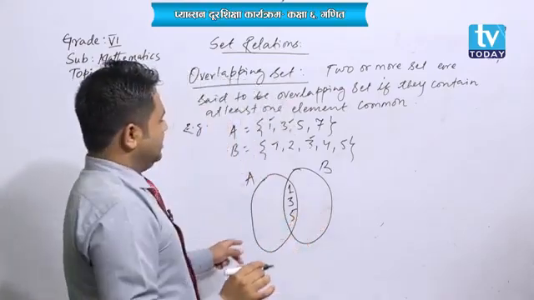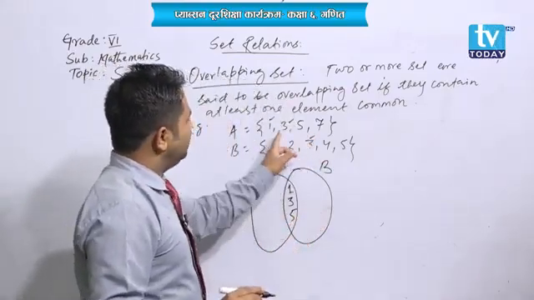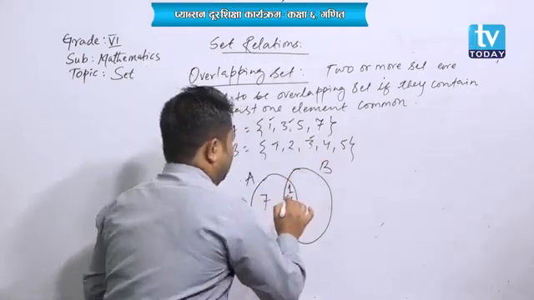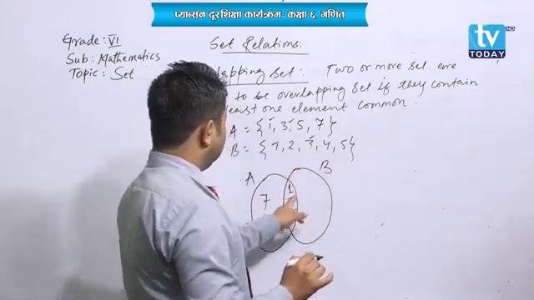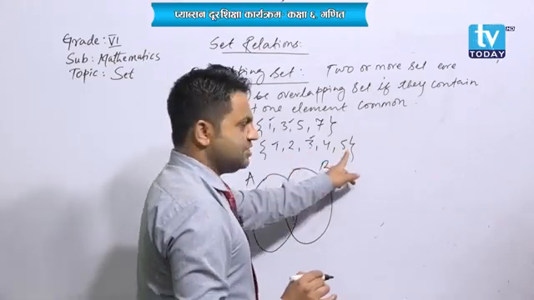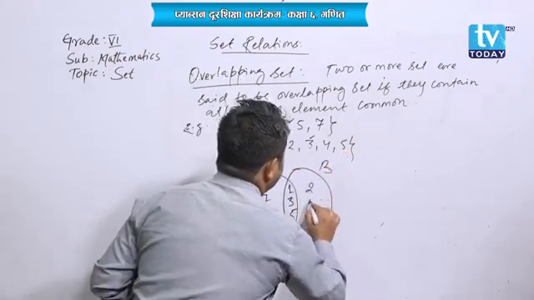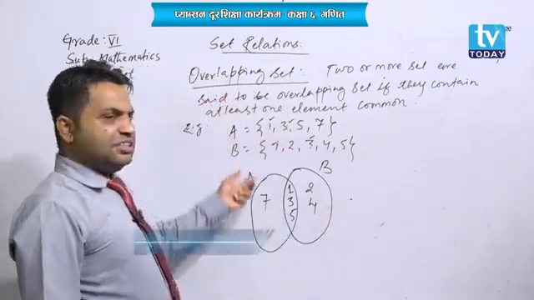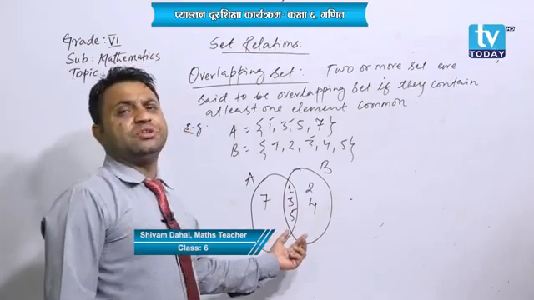Then write the remaining elements of set A. 1 3 5 are already written, so the remaining is 7. Then in set B, 1 3 5 are already written, so write the remaining elements. We can represent overlapping sets in a diagram also.